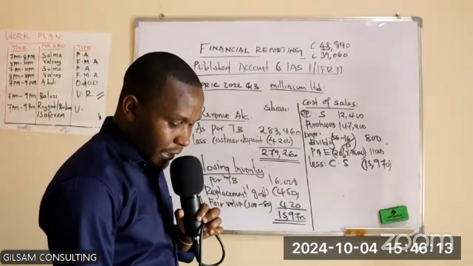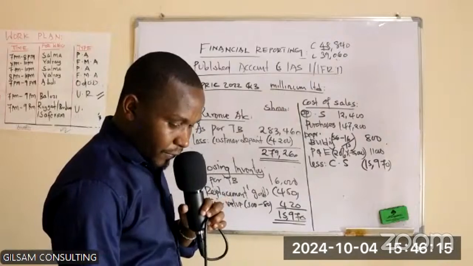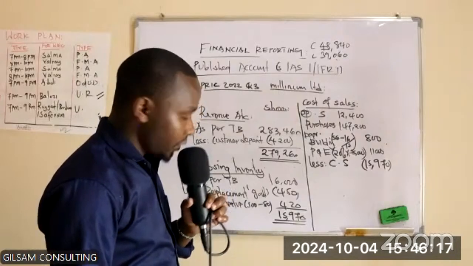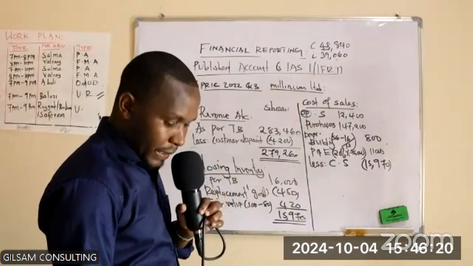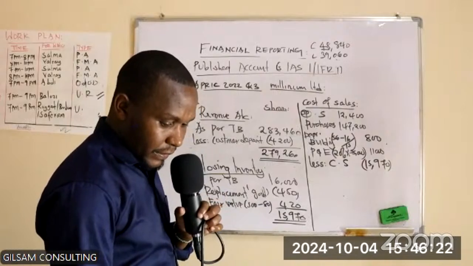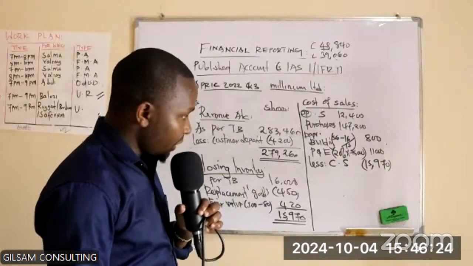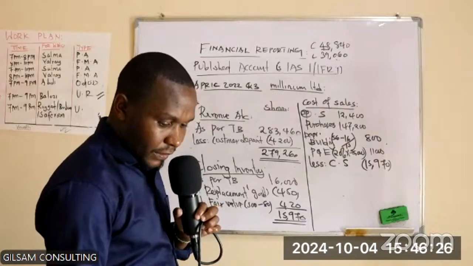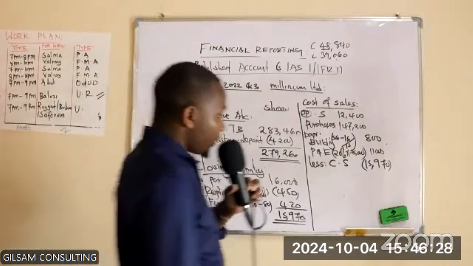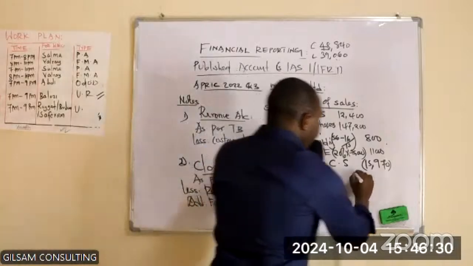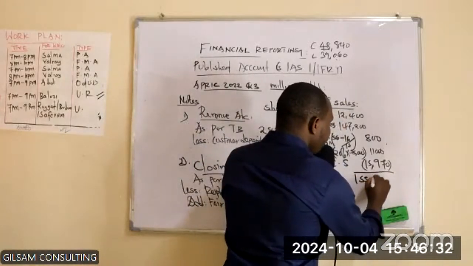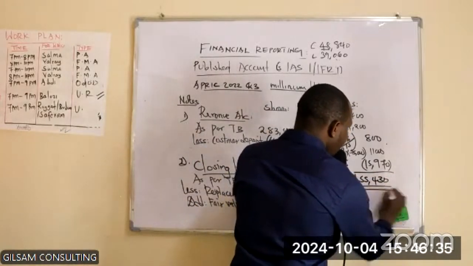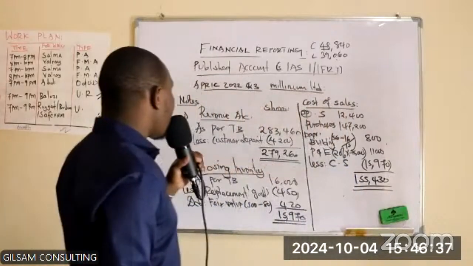It will be 12,400 plus 147,200 plus 800 plus 11,000 minus 5,970. So we are getting 155,430. So that is the value of cost of sales.